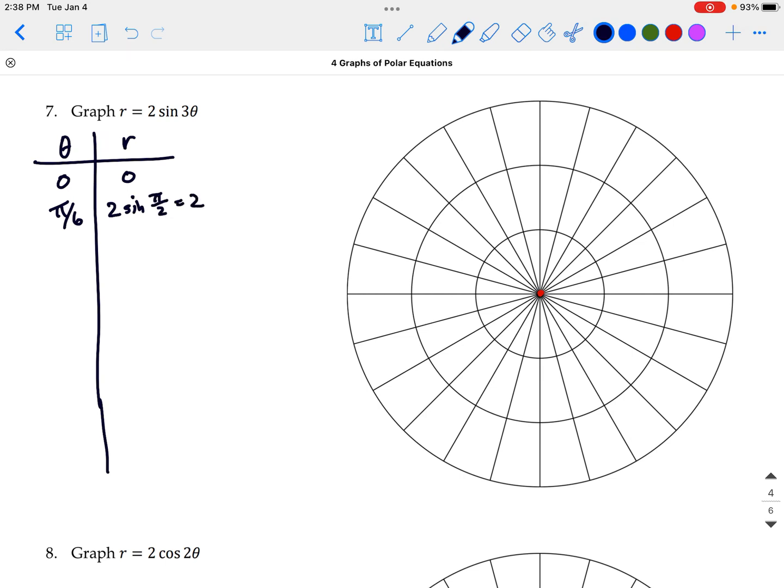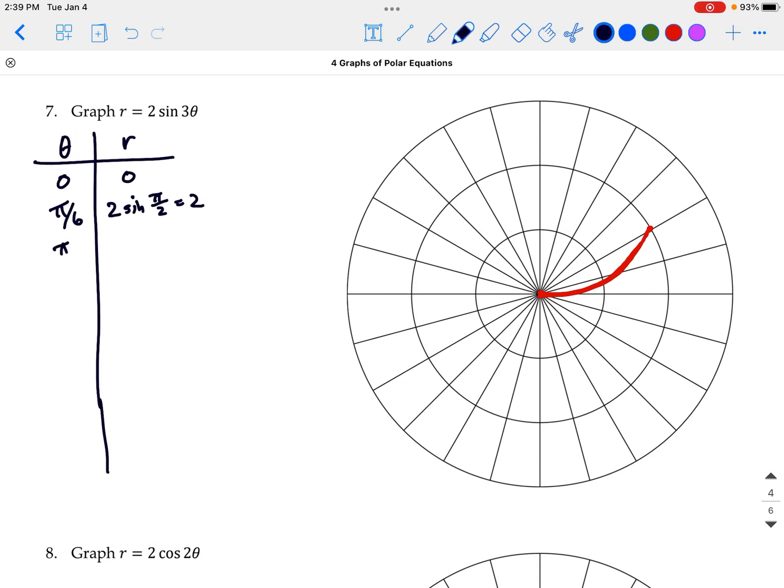I'm going to be a little extra careful here and write out the coordinates. So at pi over 6, we're going to be at 2. So from 0 to pi over 6, we start at 0 and then we rotate towards 2.